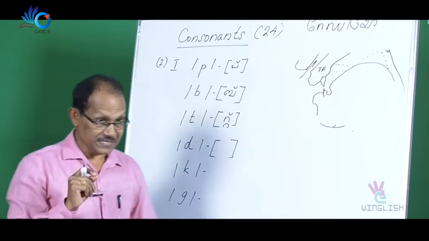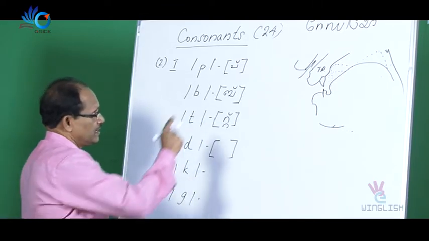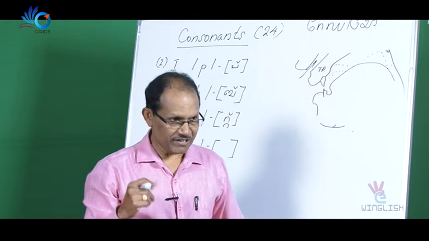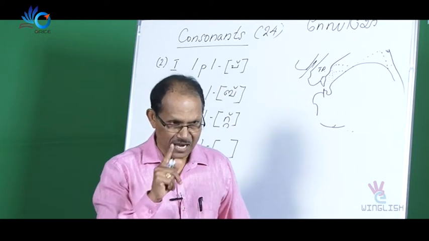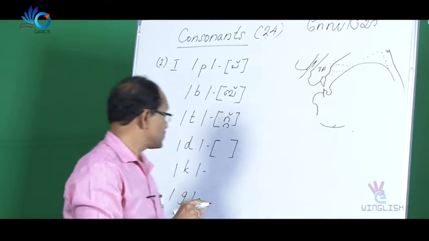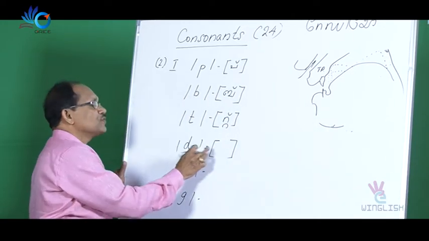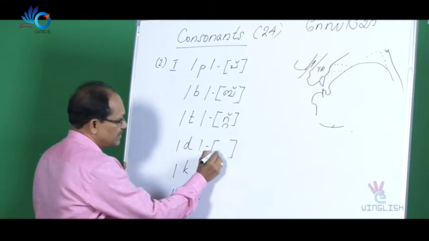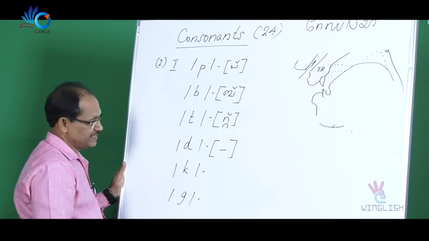D, that is the sound. And radio, say radio, the Malayalam way. Got the difference? So, it means this sound has no corresponding Malayalam sound. So, we shall leave the space blank.